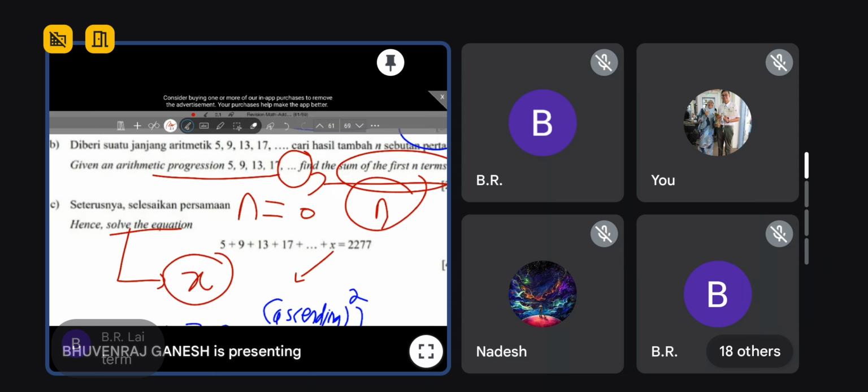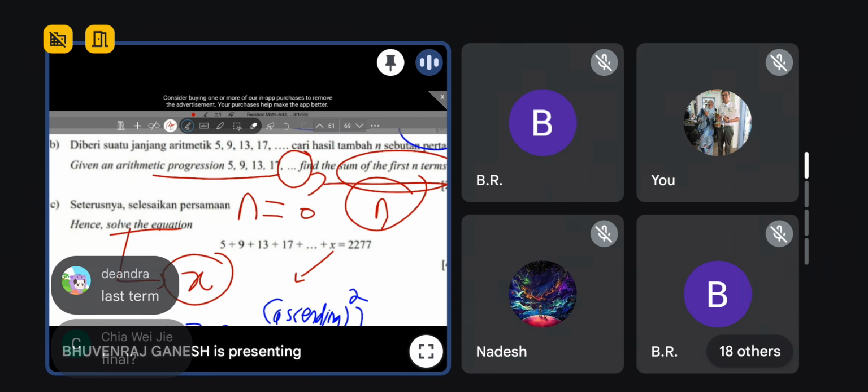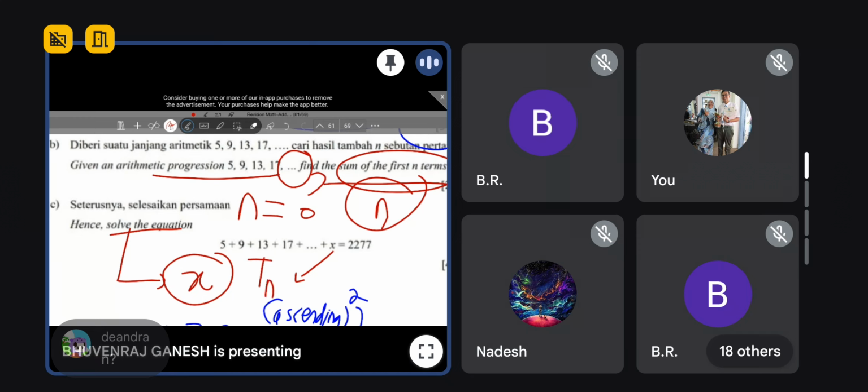What term? Very good. What is the symbol, guys, for last term? No. There is another symbol. Guys, do you remember this? Tn. Tn represents the last term. Okay? Sebutan yang kita tak tahu means it's very far away. So it'll be the last term. Okay? So basically, our goal here is to find Tn or the x value.